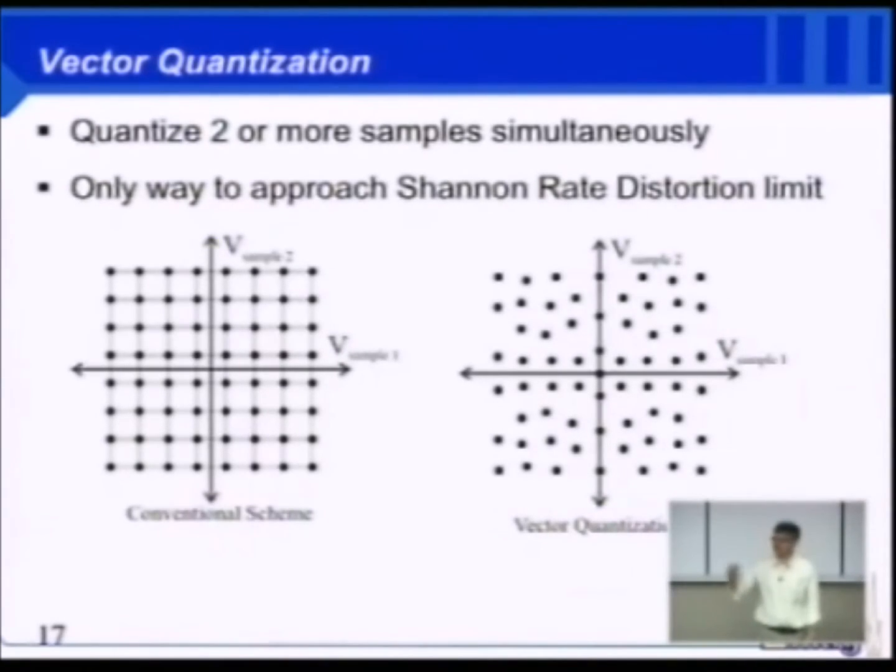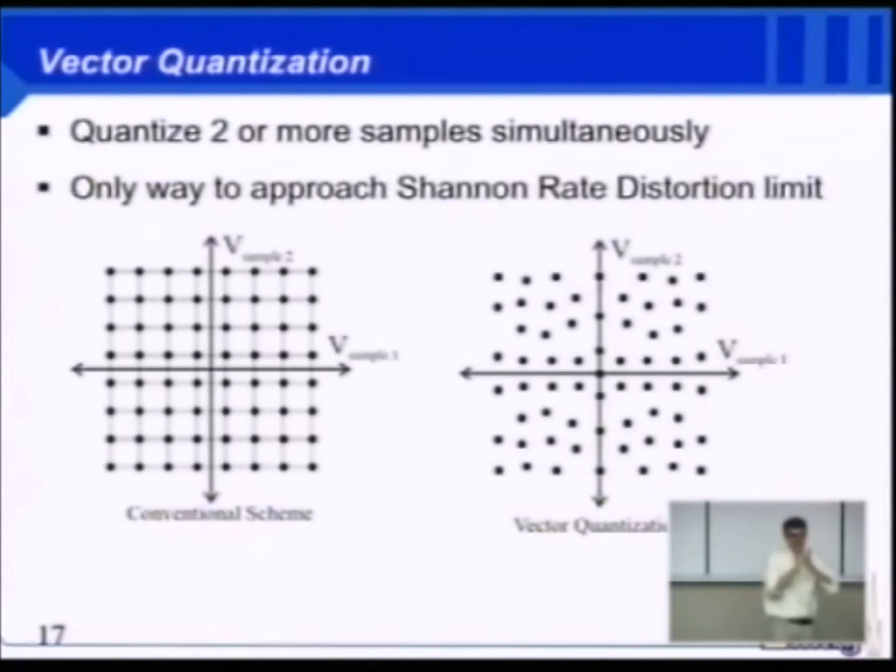Well, one technique is this vector quantization. So if you imagine 2 samples, let's quantize 2 samples at the same time. How would we do that? Well, on the left, you can see I've got a 2-dimensional graph now. And you can think of one dimension being sample number 1, and then the next sample, sample number 2, would be in the vertical dimension.